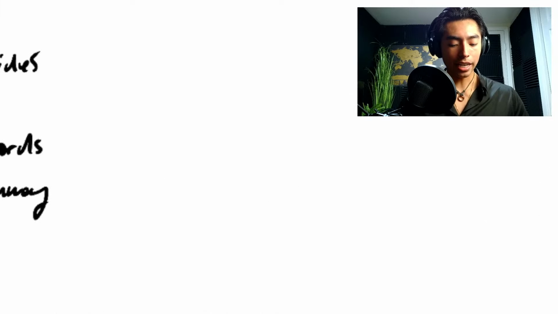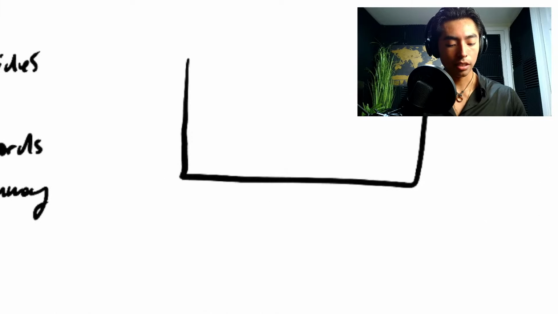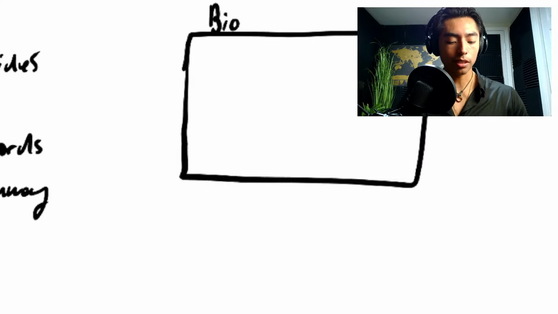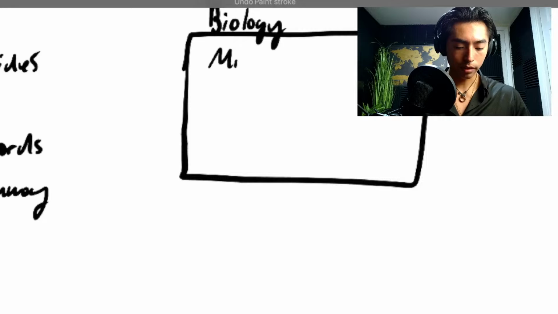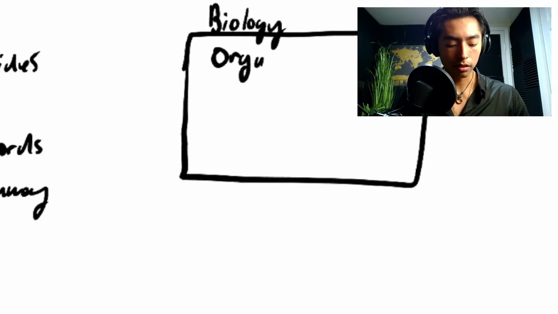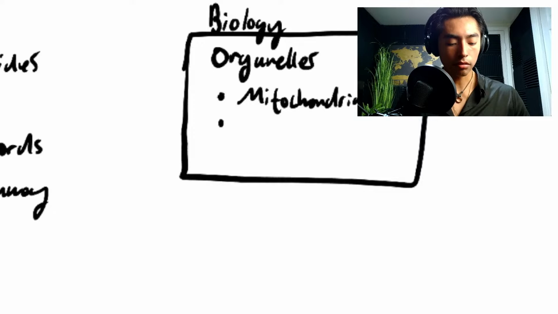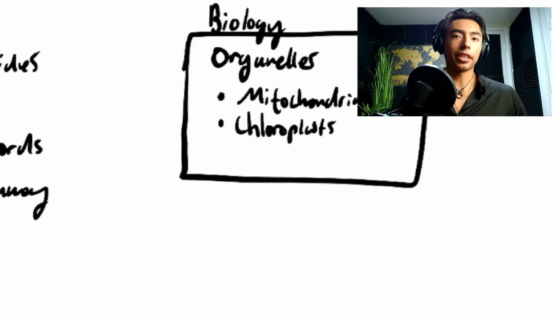So say I had a slide that was, let's say this was a biology course. Biology. Okay. And we were talking about organelles. And the types of organelles would be like mitochondria and, what was it, chloroplasts, I think. So, something like that, right?